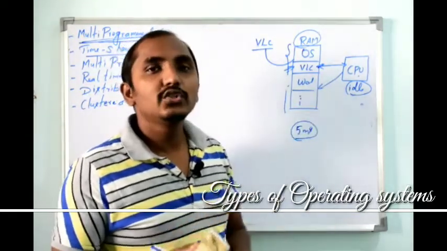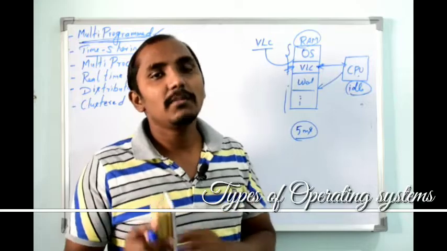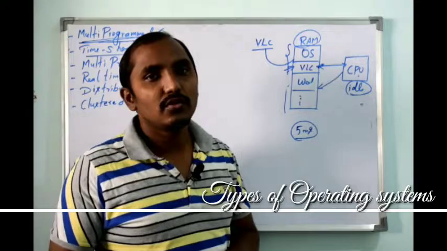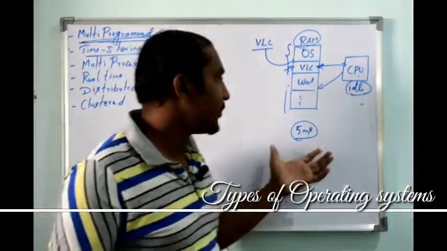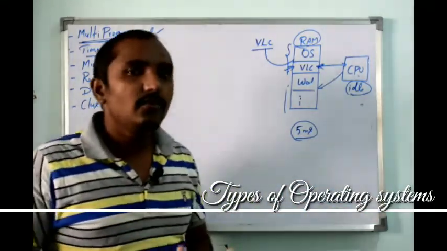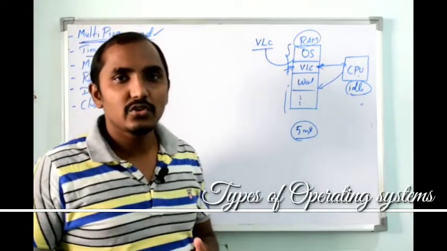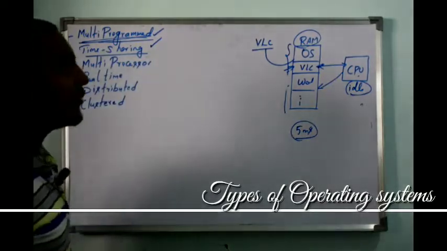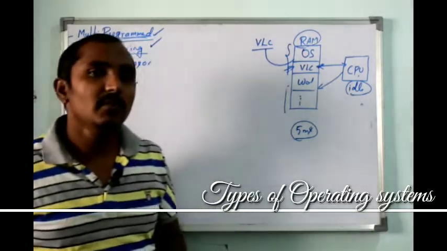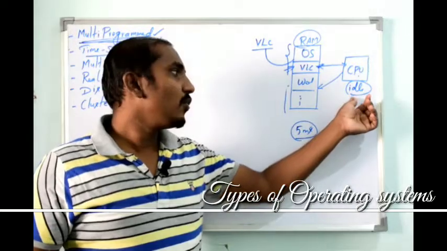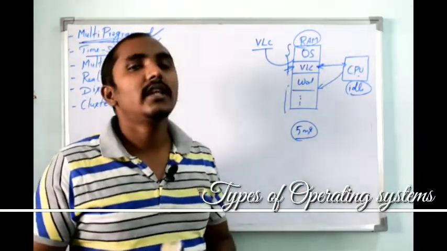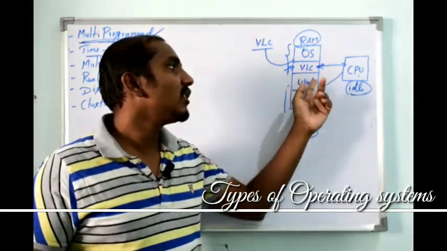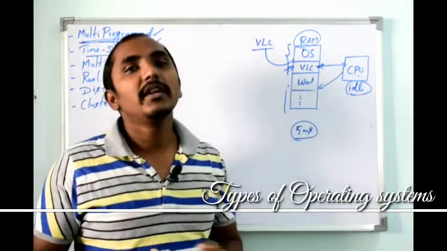Like that, it splits the given CPU time among the list of programs. When it allots time to each and every program for execution, that type of operating system is considered a time sharing operating system. A time sharing operating system is one where the CPU is allotted some time lapse, according to which it executes each program for a limited amount of time.